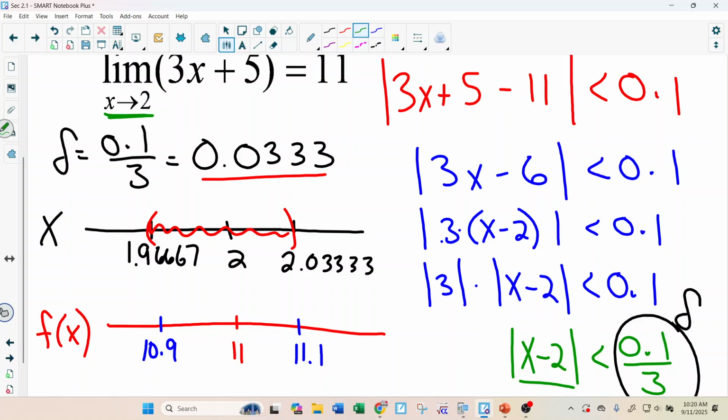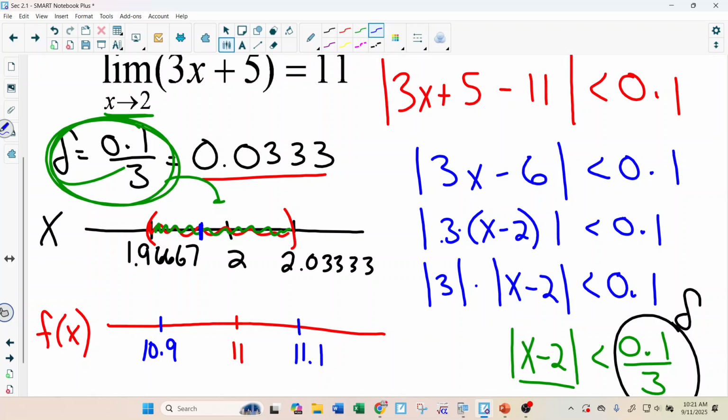So if you pick any x in here, those are all the x's that are that close to 2, right? If you pick any x that's in here, whatever that number is right there, I don't know what it is, but it's a little less than 2.